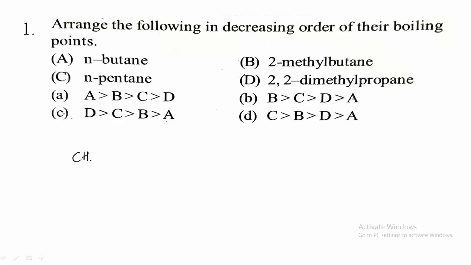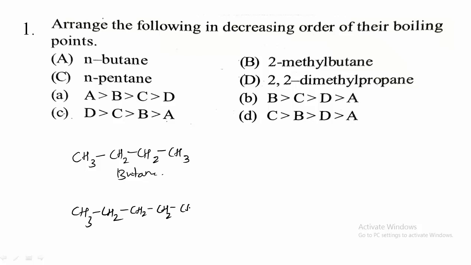Butane, it consists of 4 carbon atoms. So I will represent it as CH3, CH2, CH2, CH3. It is butane. Okay. And pentane, how we can write? Normal pentane. CH3, CH2, CH2, CH2, CH3. Because it consists of 5 carbon atoms.